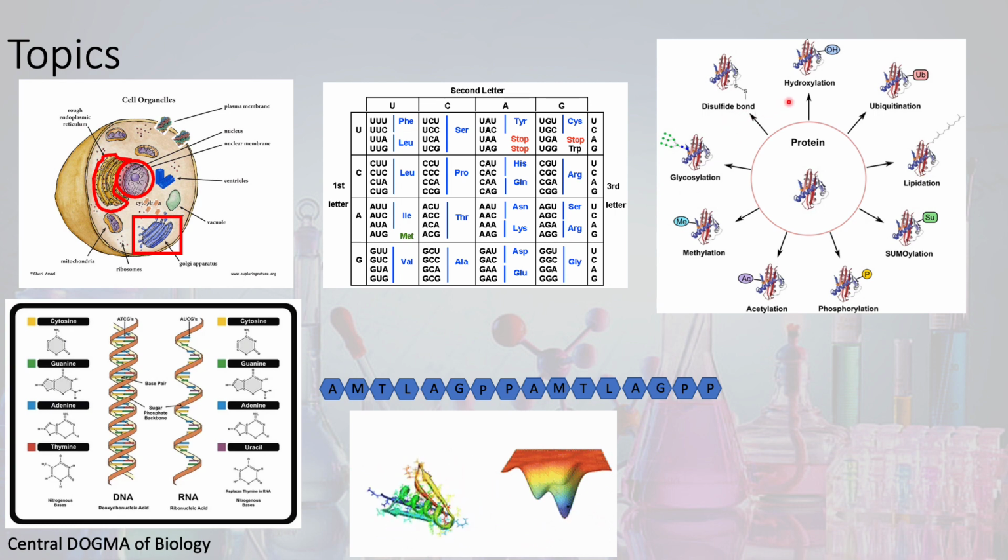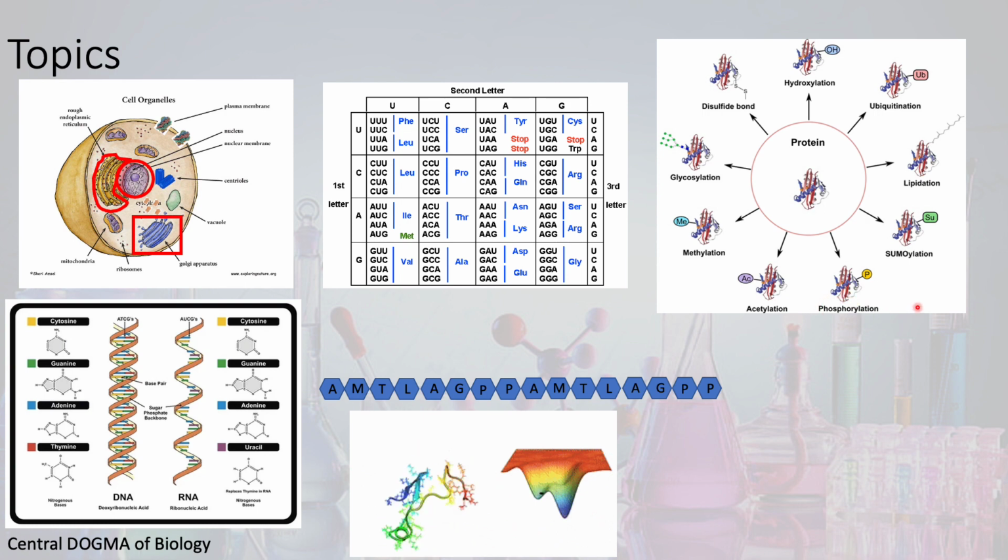Disulfide bonding, hydroxylation, ubiquitination, which is an important modification to make when you want to tag proteins to be broken down. And perhaps one that everyone's familiar with, phosphorylation, right? In some classes, phosphorylation is used as an example to activate or inactivate certain enzymes, right?